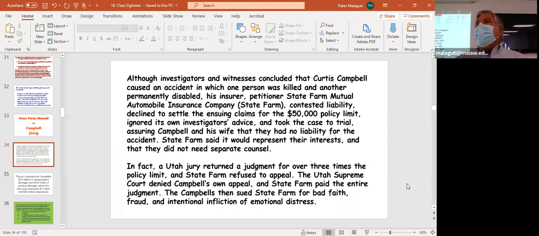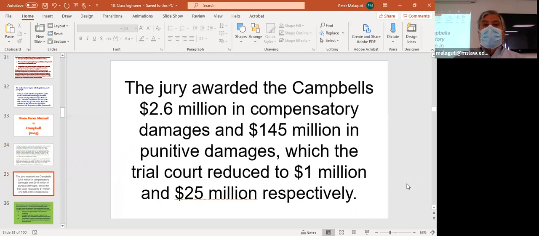By this point, State Farm must realize they screwed up badly. So they turn around and they pay off the entire judgment. They don't make the Campbells do it. But the Campbells nonetheless sue for emotional distress, bad faith, fraud, and the jury comes back and awards them $2.6 million in compensatory damages and $145 million in punitive damages.